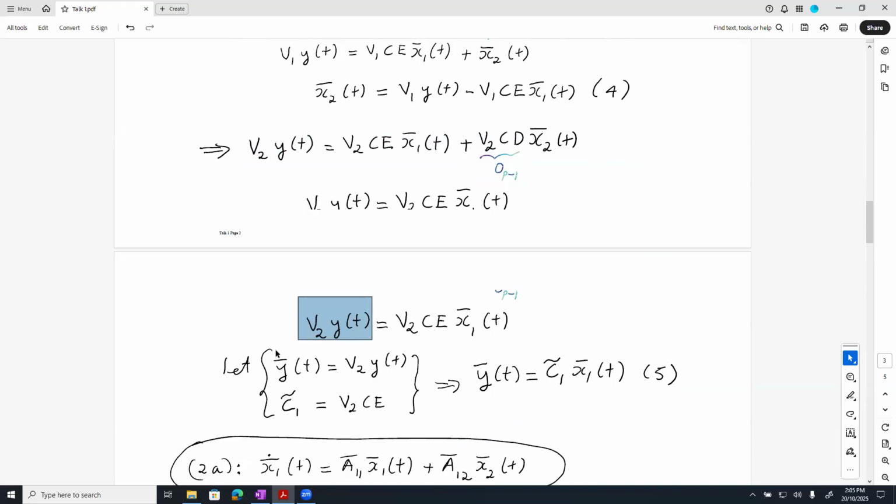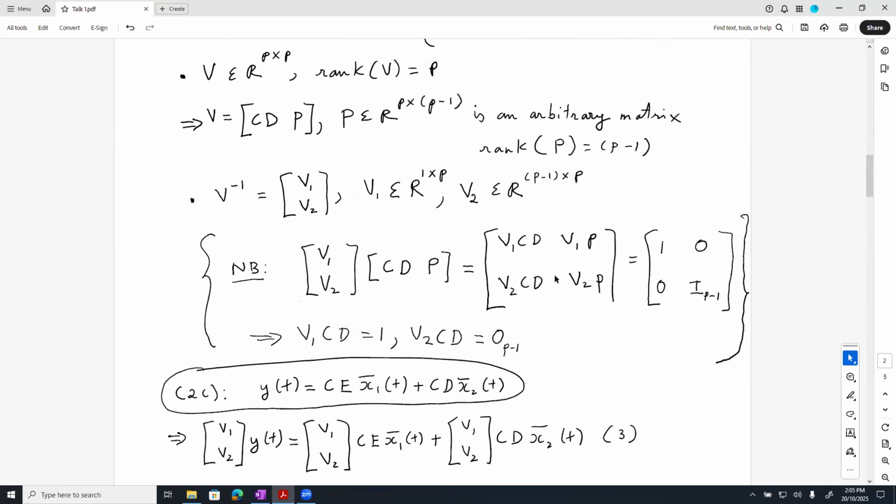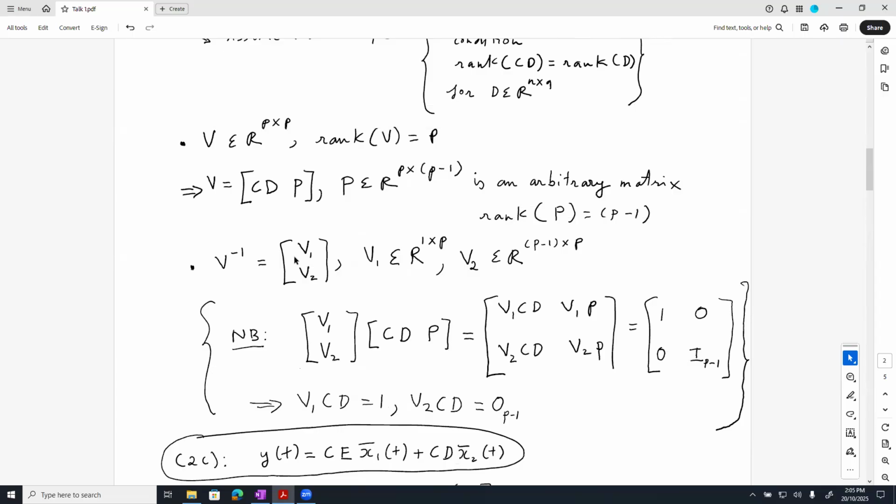And if we call it y bar, for example, so let's say y bar of t equals V2 y of t. Y of t is the output measurement vector, and V2 is a known matrix, which is the one that we define in here.